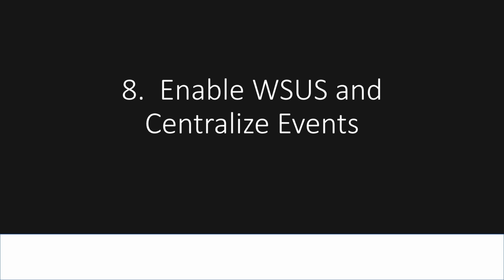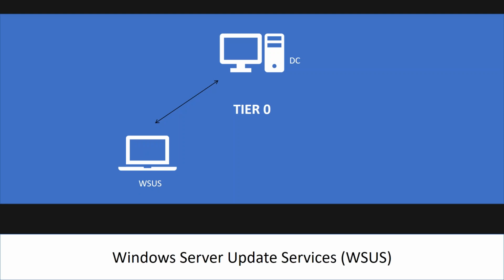Well, things that you should definitely do is, of course, make sure you have Windows Server Update Services working. You don't need to log on to those domain controllers to manually patch them. And you should make sure that you're pulling out the event logs and centralizing them somewhere from your domain controllers so that they're easily accessible and readable whenever you need them.